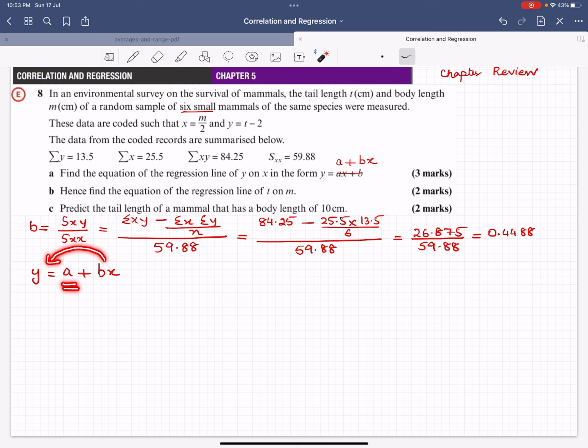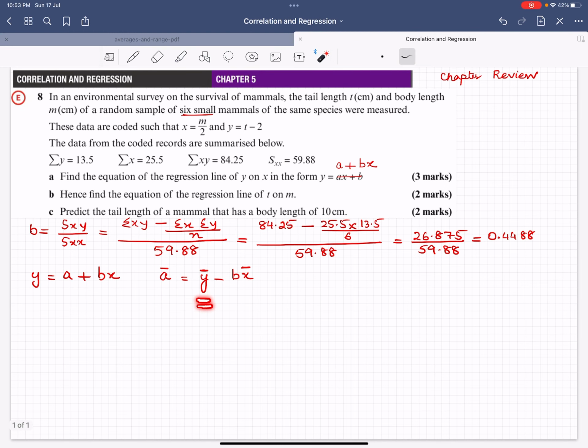Therefore, a is equal to the average value of y minus b times the average value of x. So all we need to do is plug in the average value of y, the value of b that we already worked out in the first part, and the average value of x, and we can find the value of a.